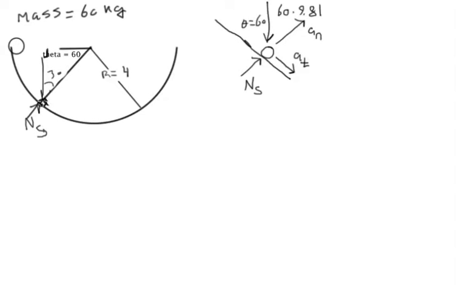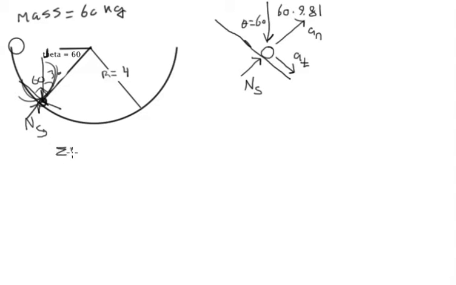If we take the portion of the ramp where the ball is falling, we know that this whole angle is 90 degrees, so this area is going to be the 60 degrees we're looking at. 90 minus 30 is 60 degrees.